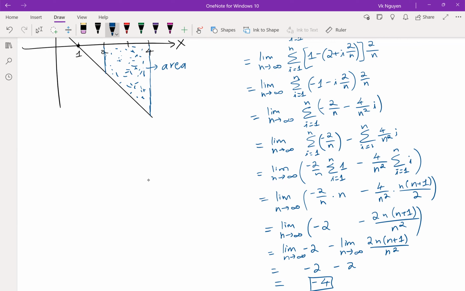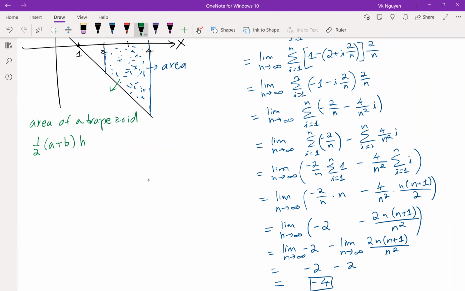so we can actually figure out the area of a trapezoid. Right? I hope that you remember how to find the area of a trapezoid. Area of a trapezoid is half of a plus b, times h.